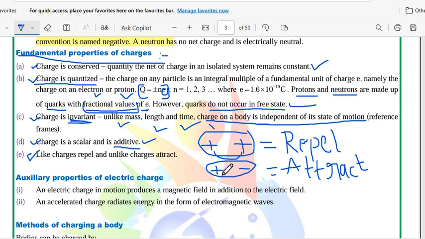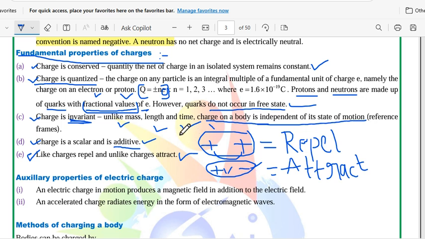See here, this is a plus charge and this is a minus charge, so those two charges are different. That's why they are going to attract each other. While if you consider two positive charges kept side by side, they are going to repel each other, not attract each other. But if you present two charges, a positive charge and a negative charge, they are going to attract each other. This is another property of charges.